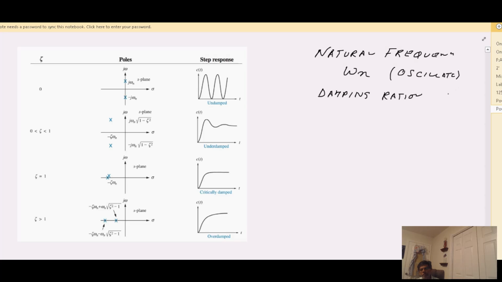So the damping ratio, which we indicate by zeta, is actually the ratio of the exponential decaying frequency to the natural frequency.